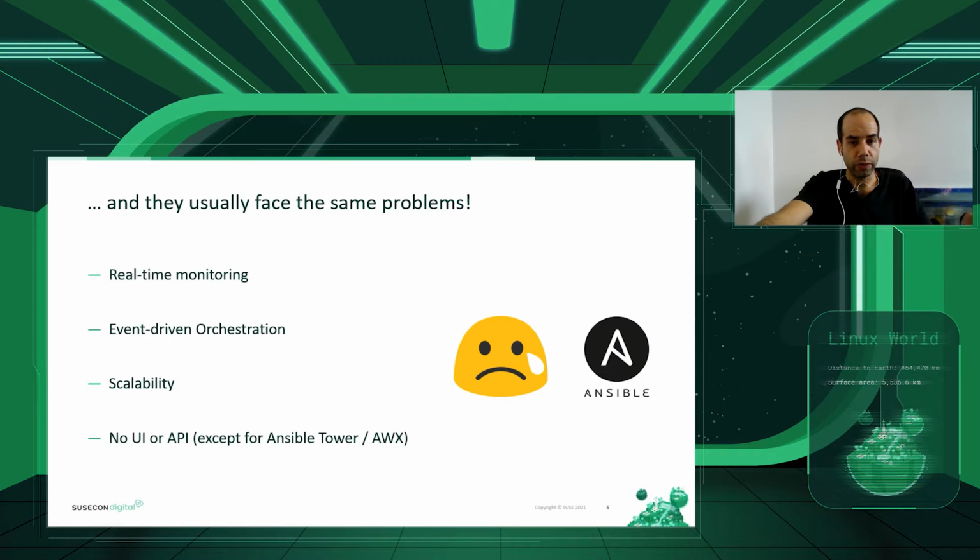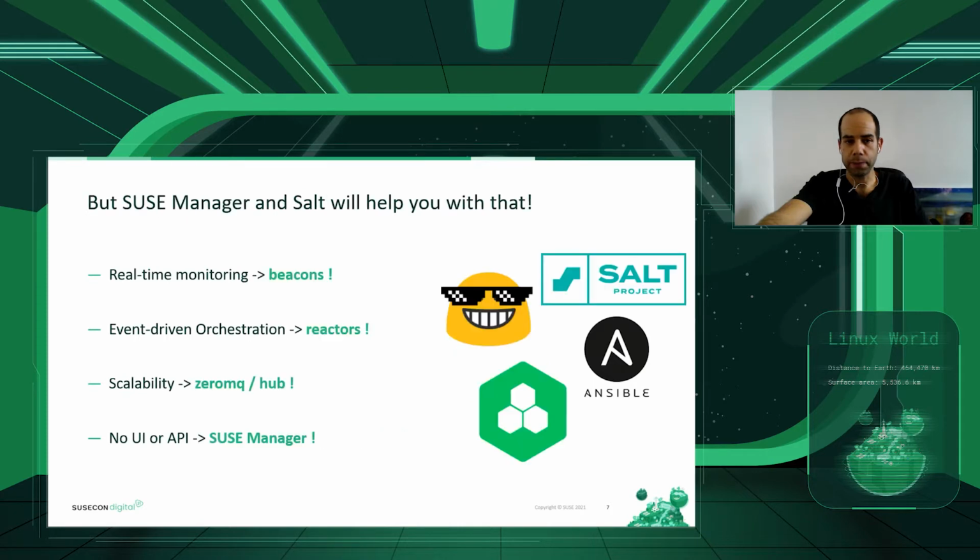We don't have a way to react to events, you know? And then this is SSH, so there are also problems around scalability over SSH. And of course, in case that you are not using Tower or AWX, you don't have any UI or API that you can use for managing your Ansible.